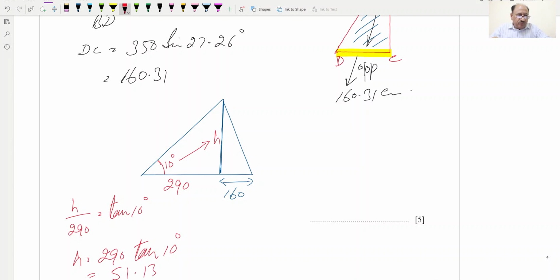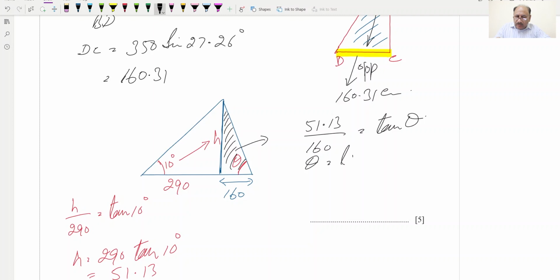Now we have the value of H, we can find this angle theta, which is our target. We can find this theta angle in this triangle. We have two sides, opposite over adjacent. So the opposite will be 51.13 divided by 160, and this will be equal to tan of theta.